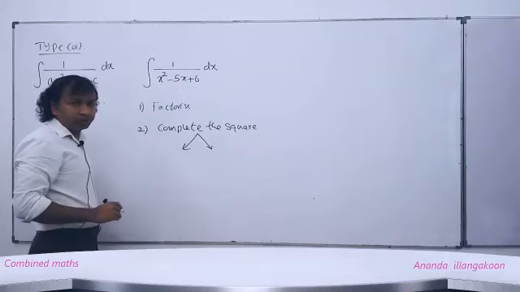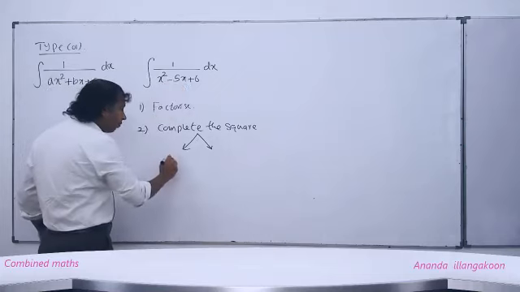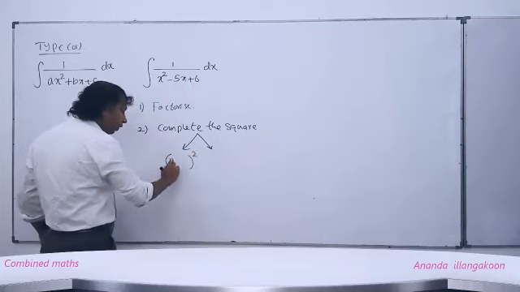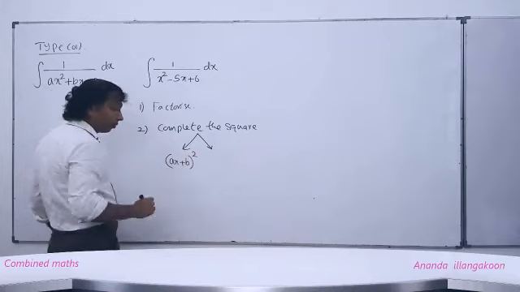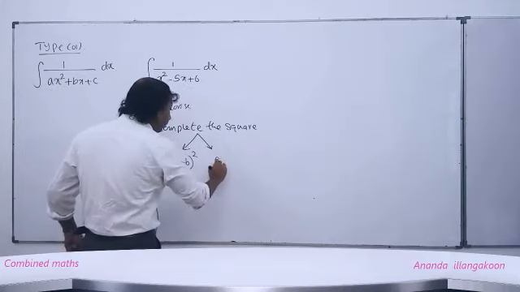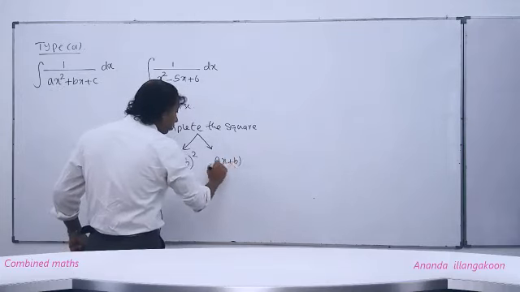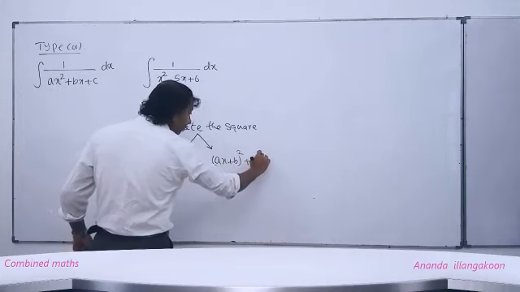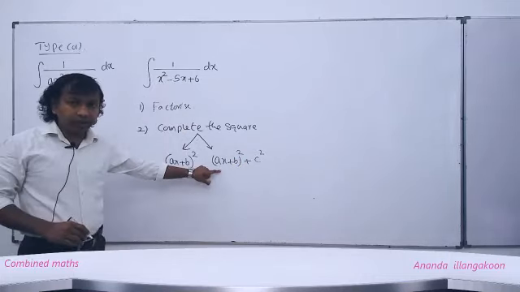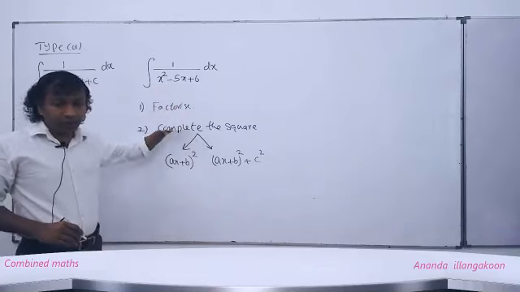Sometimes it may be a perfect square, (ax plus b) squared coming. Or else it may come as a sum of two squares like this, after completing the square in the denominator.